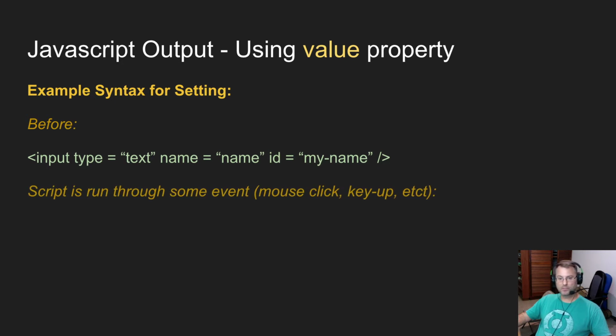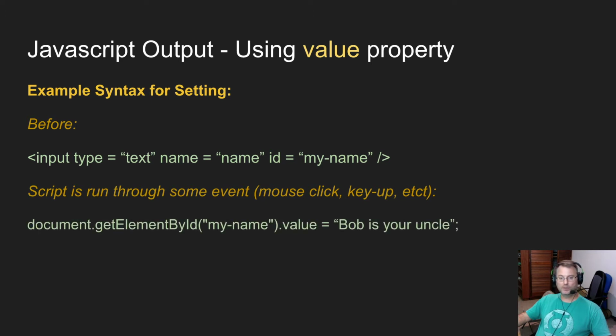This could be some mouse event, mouse click, key up, etc. And we would use the same method, document get element by ID, in parentheses, pass in quotes, my name, which is the ID for that input. And here we're saying dot value, and we're left assigning the text to the value. And so here we're saying Bob is your uncle.